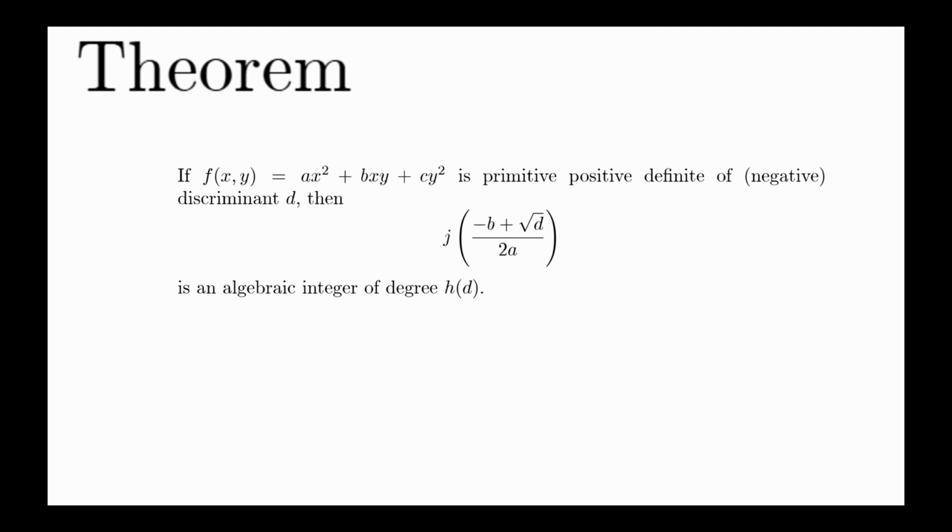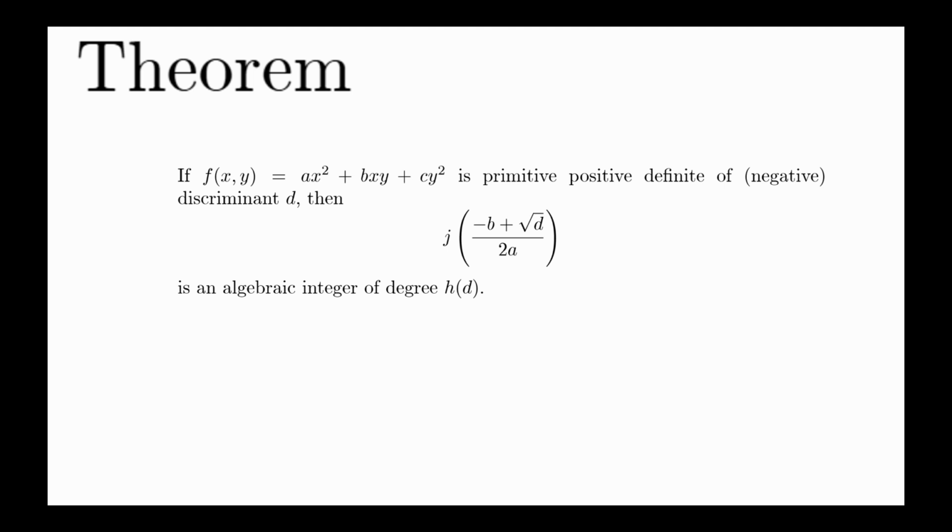And we recall what algebraic integer means. Algebraic means that it satisfies a polynomial equation with integer coefficients. The degree of the algebraic number is the smallest degree of the polynomial which the algebraic number satisfies. An algebraic integer means that the polynomial is monic, meaning that the coefficient of the highest degree term is 1.